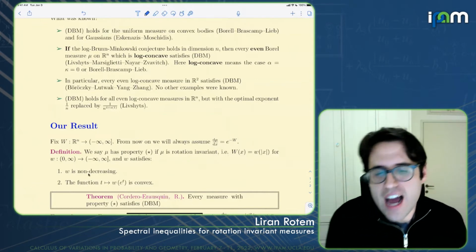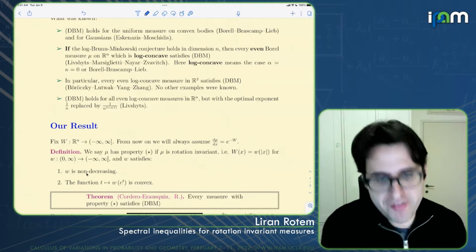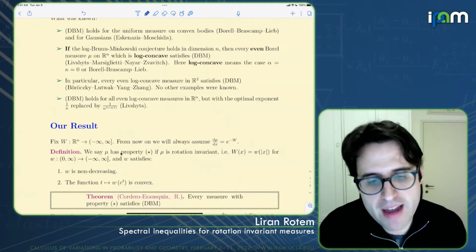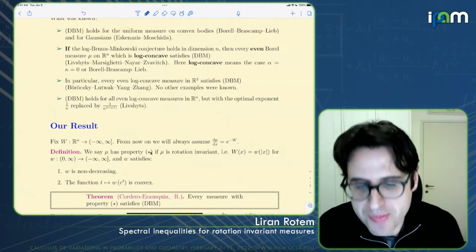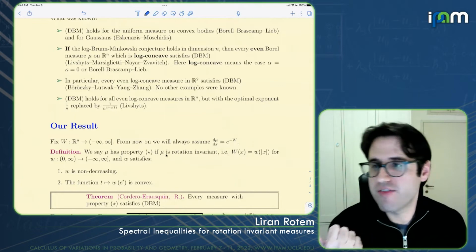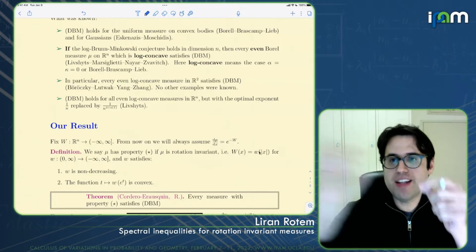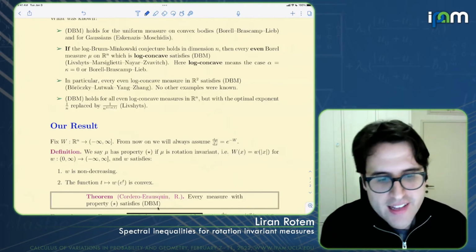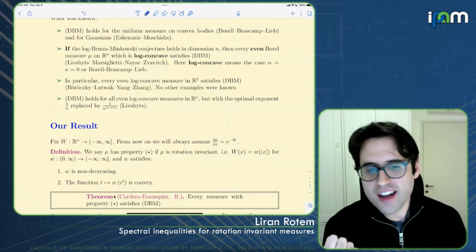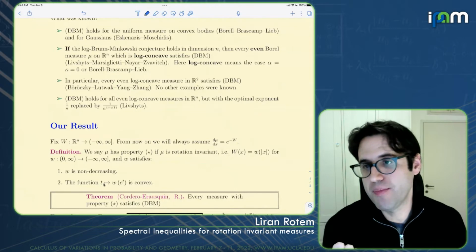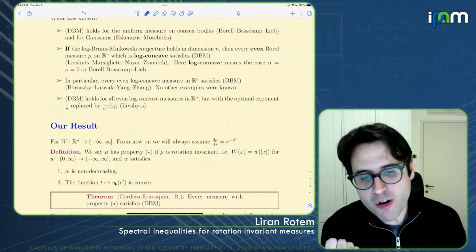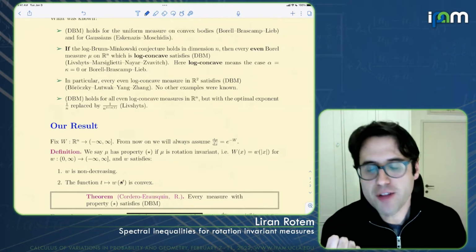And I want to talk about a very specific class of measures. So a measure mu has property star if it's rotation invariant. And when I look at this one-dimensional function, it is non-decreasing and it has some kind of convexity property. Not that W itself is convex, but W of e to the t is convex.